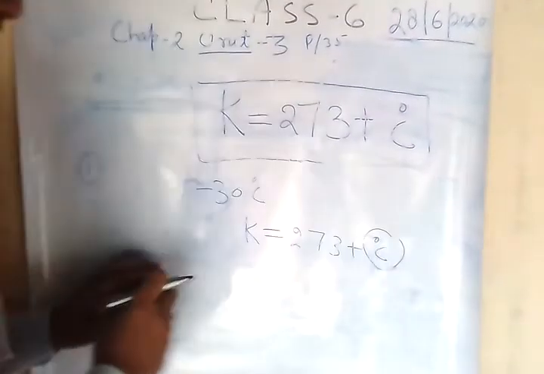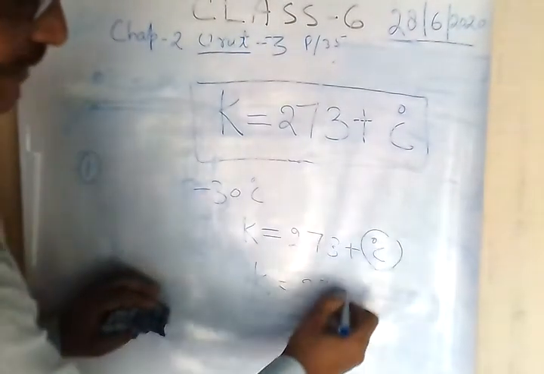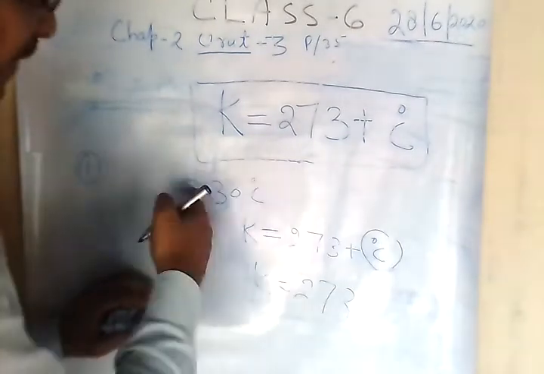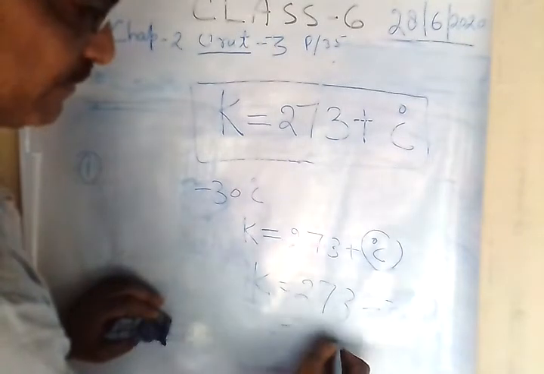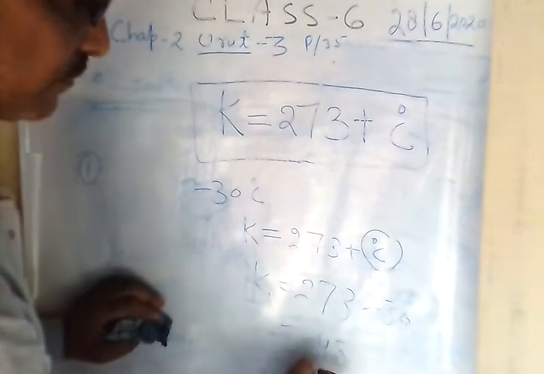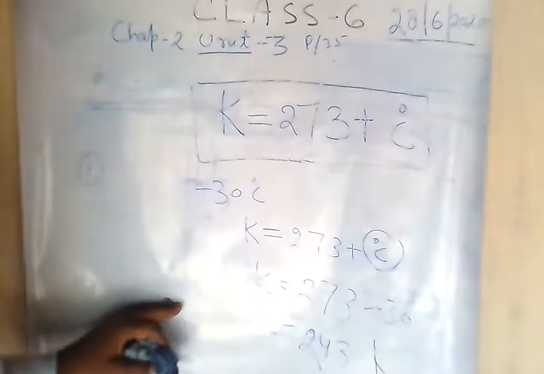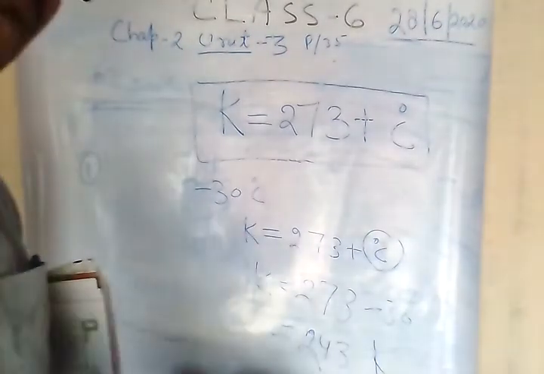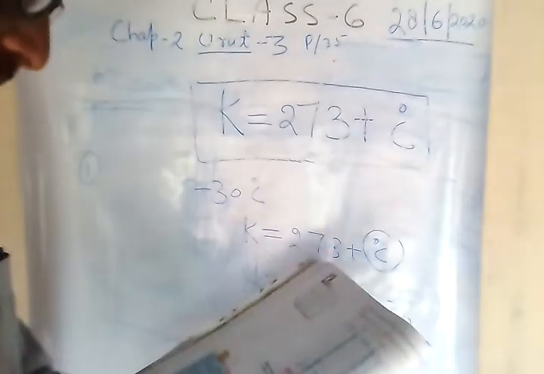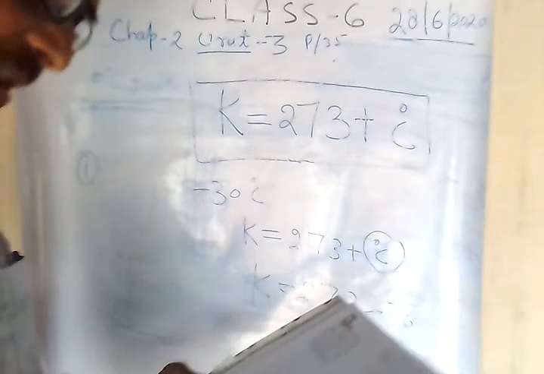Same formula: K is equal to 273 plus degree centigrade, and here it is minus 30. So it converts to 243 Kelvin. It is converted into 243 Kelvin, which is the answer. So examples are given on page number 36, conversion as given here.